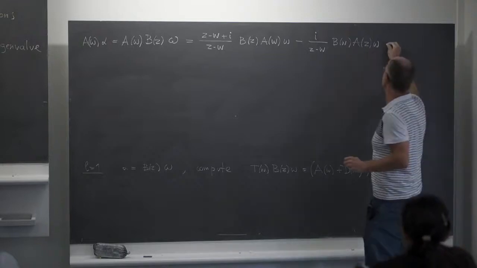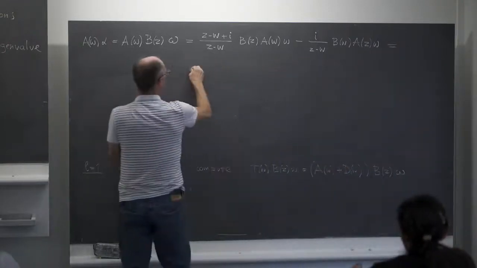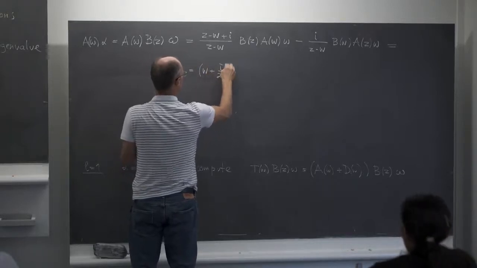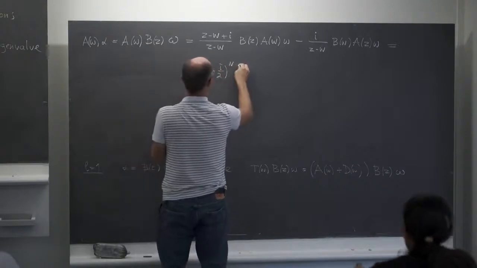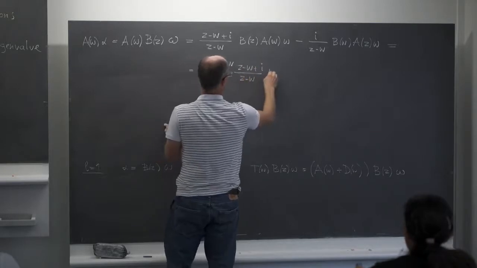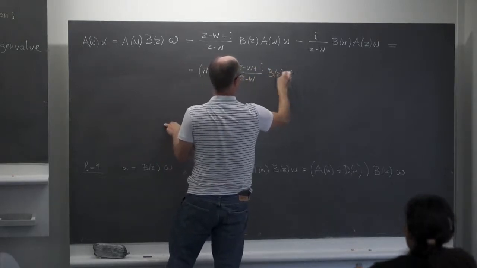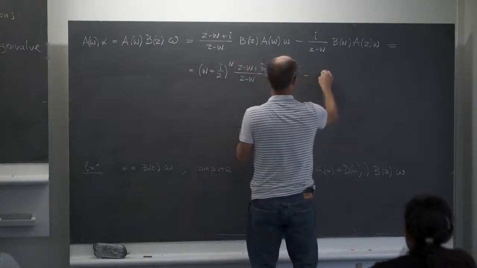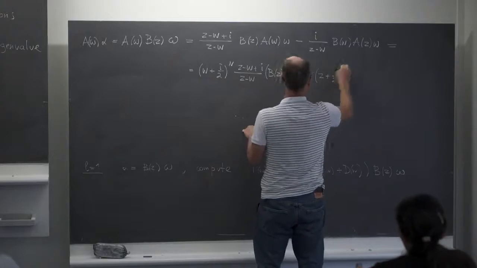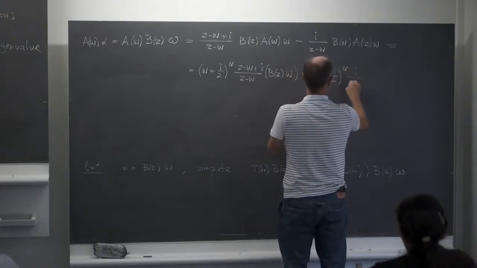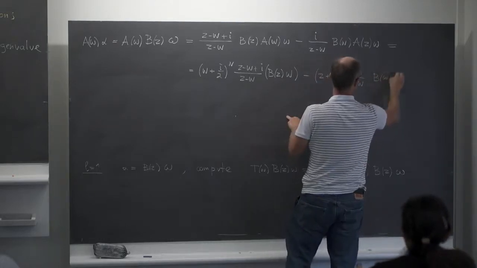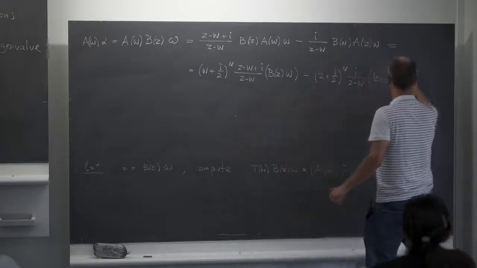Omega is a particularly simple vector, so we actually know that this gives us w plus i over 2 to the power n, z minus w plus i over z minus w, B of z omega, minus z plus i over 2 to the n, i over z minus w, B of w omega.